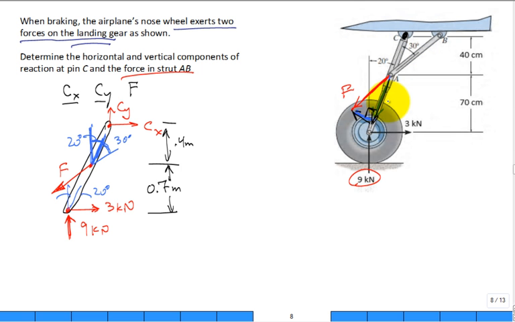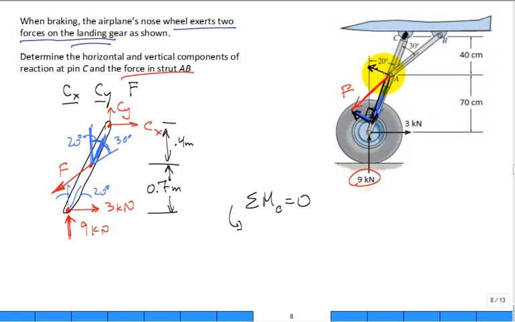So this component going straight down of F doesn't contribute to the moments around point C, but this one does right here. So maybe you think about that as that same component there, right? Okay. So with this right triangle, I'm trying to do the sum of the moments around point C equal to 0.